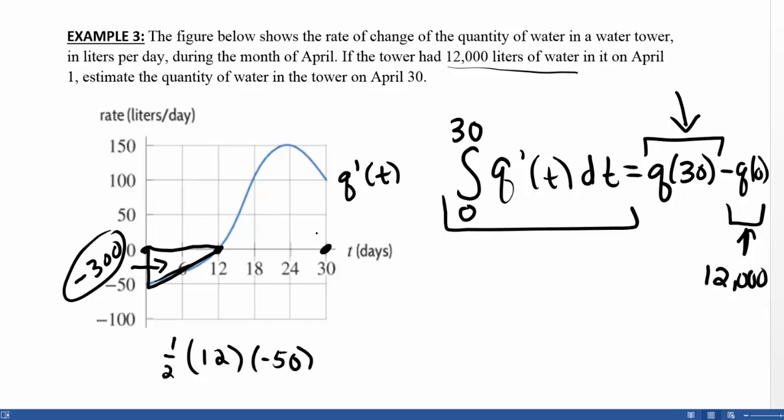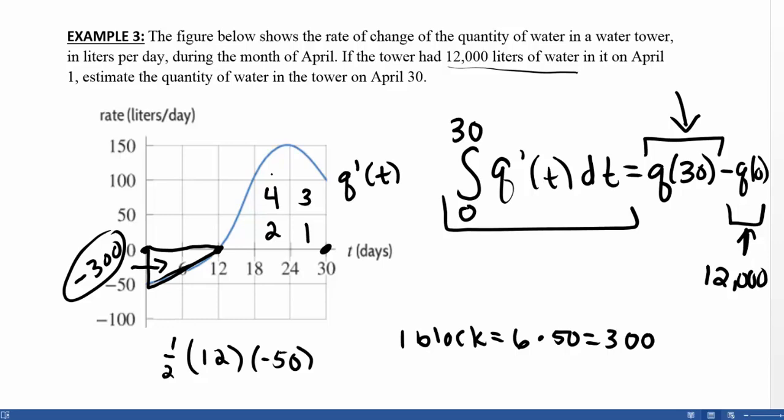Notice the area of one block, I'm going to make a note over here: one block is 6 units wide and 50 units high, which means each block represents 300 liters of water. Now I have to look at these blocks and determine roughly how many there are. I'm going to start with the whole blocks and number them: 1, 2, 3, 4.